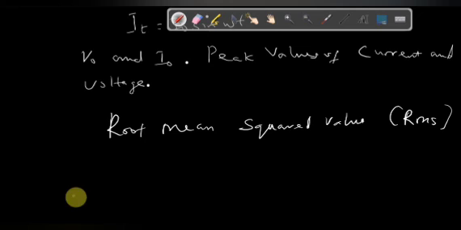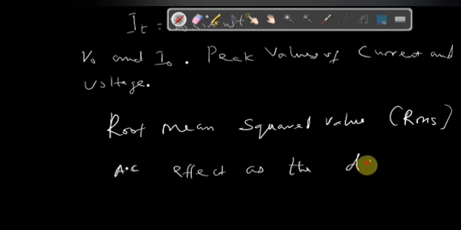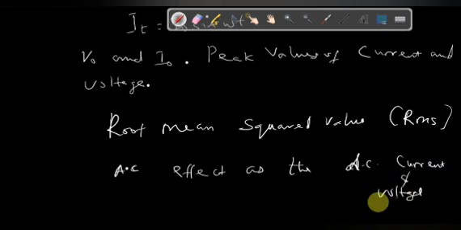The root mean squared values of an AC circuit are the values of current and voltage that will have the same effect as DC current and voltage.